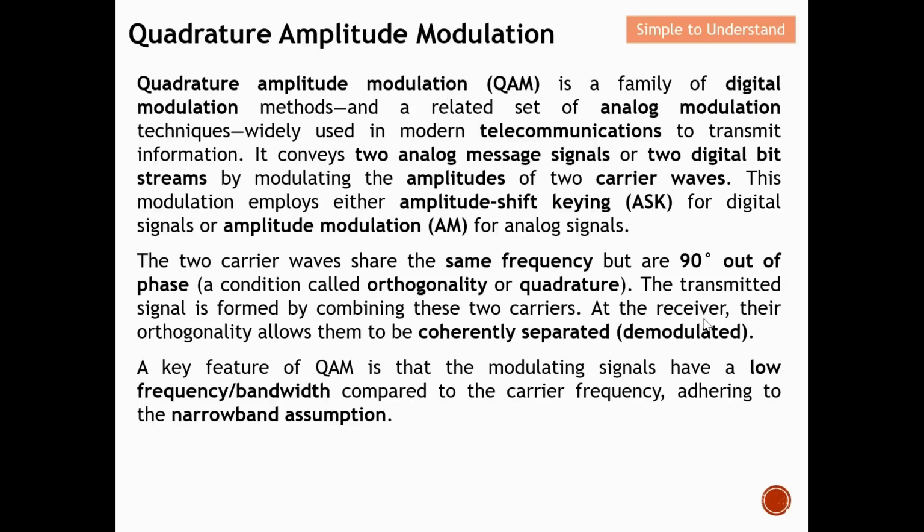At the receiver, their orthogonality allows them to be coherently separated when we do the demodulation. A key feature of QAM is that the modulating signal has a low frequency or bandwidth compared to the carrier frequency. Therefore, it will be narrowband if we assume this. A lot of work, but let me explain how we can form the QAM.